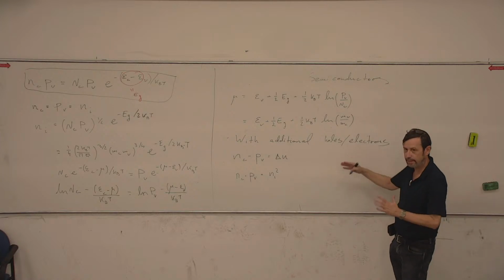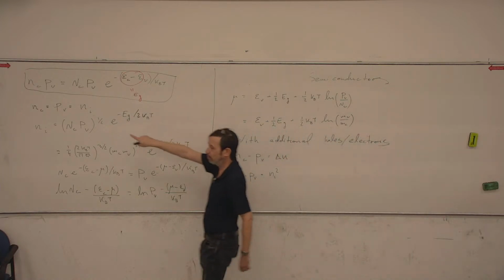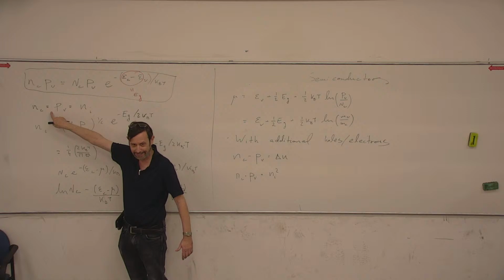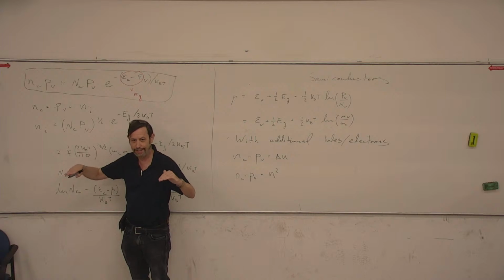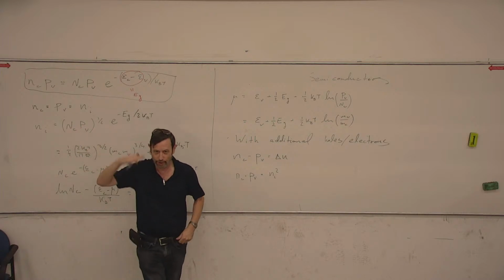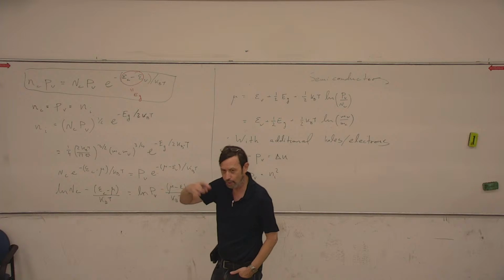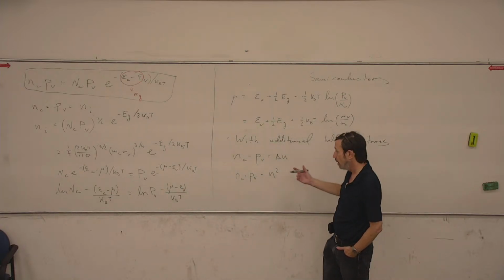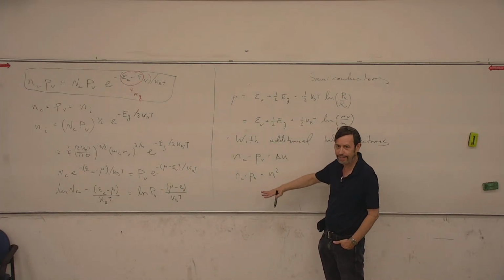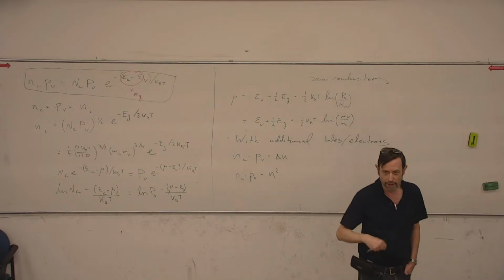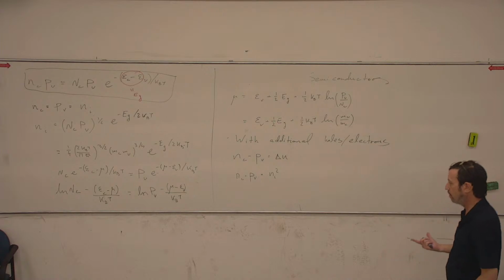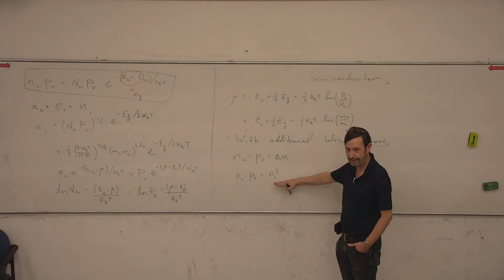The only point is that I don't start with the assumption that at temperature equals 0 there are no electrons in the conduction and no holes in the valence. Here I say that even at t equals 0, I can have either additional electrons or additional holes in the game.